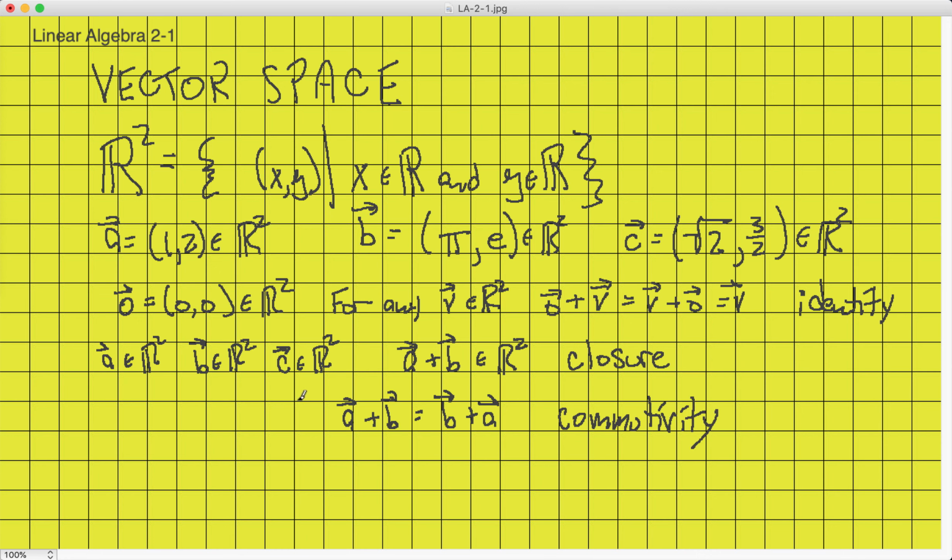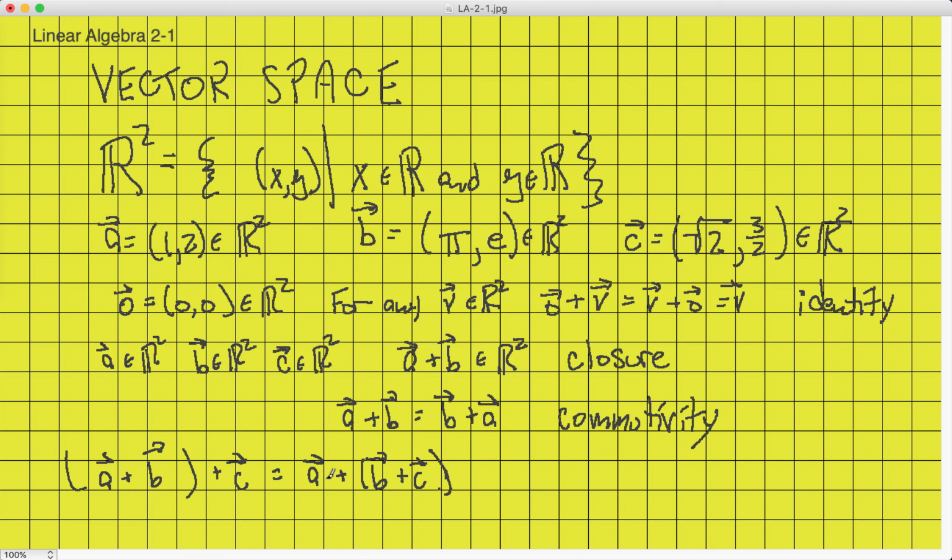A couple of other things in here. We note that (A plus B) plus C is equal to A plus (B plus C).